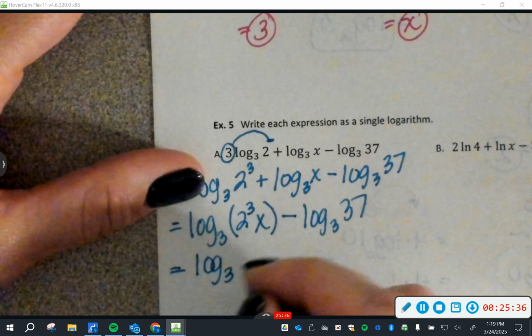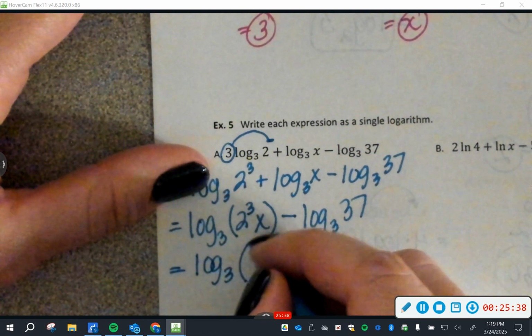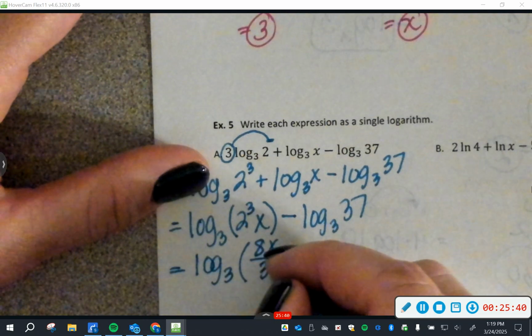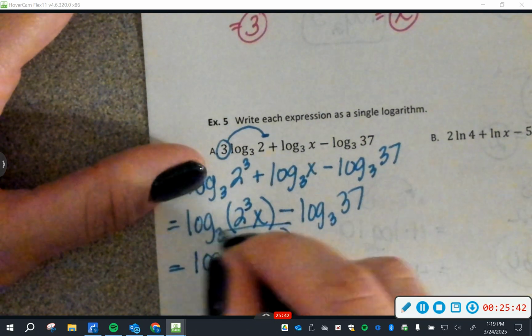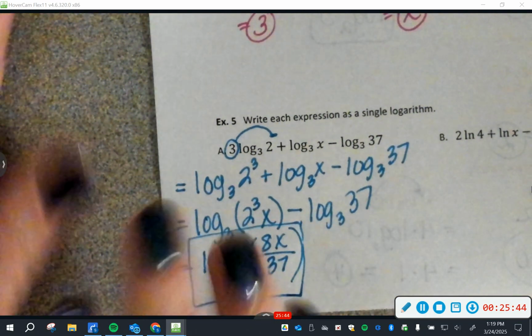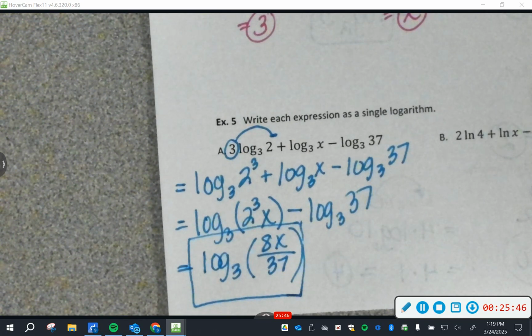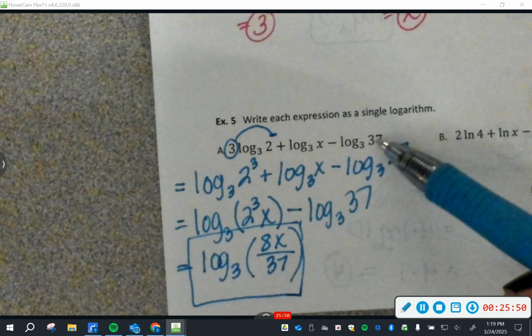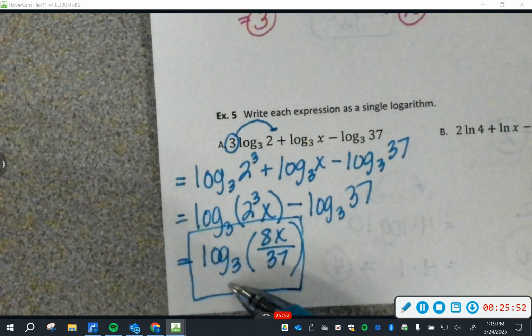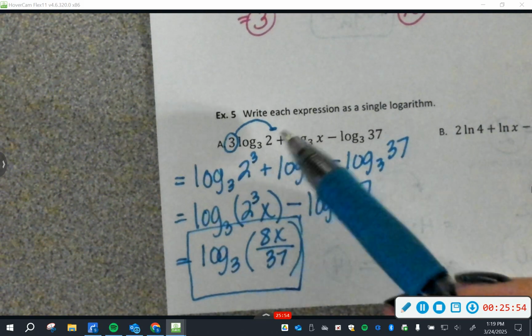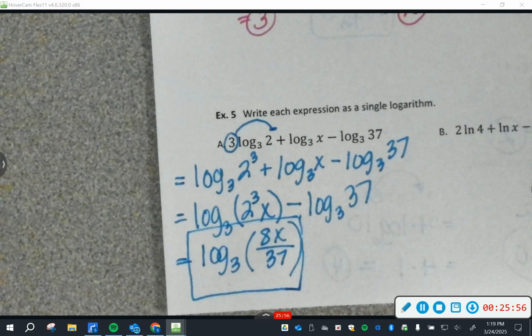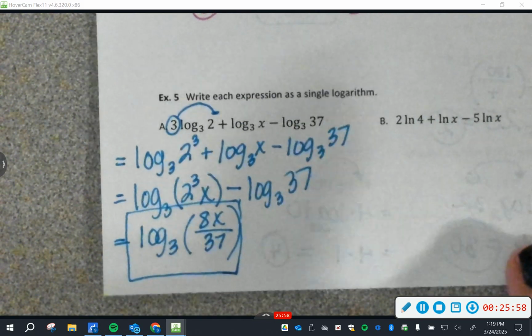So log base 3 of, and 2 cubed is 8. So I'm just going to write that as 8x over 37. Okay? So these are equivalent. This is just condensed into 1 log, and this is expanded into multiple. Okay?